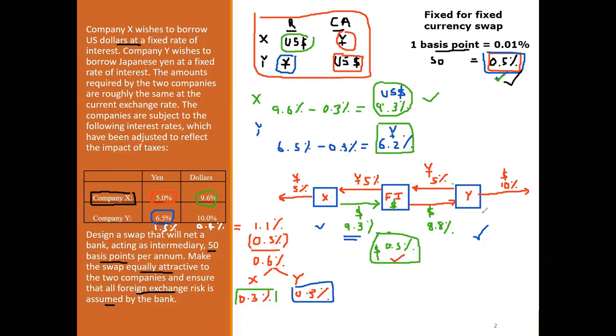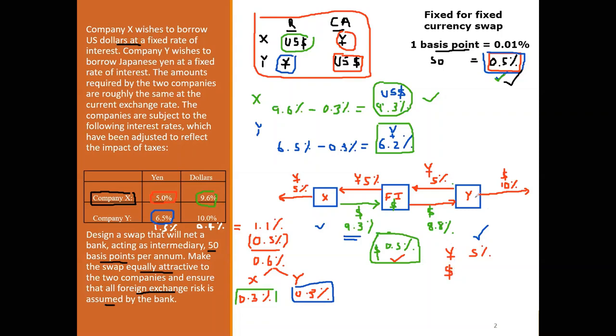What about Y now? For Y, there is a cost of 5% in yen. And not only that, in dollars also there is an additional cost.